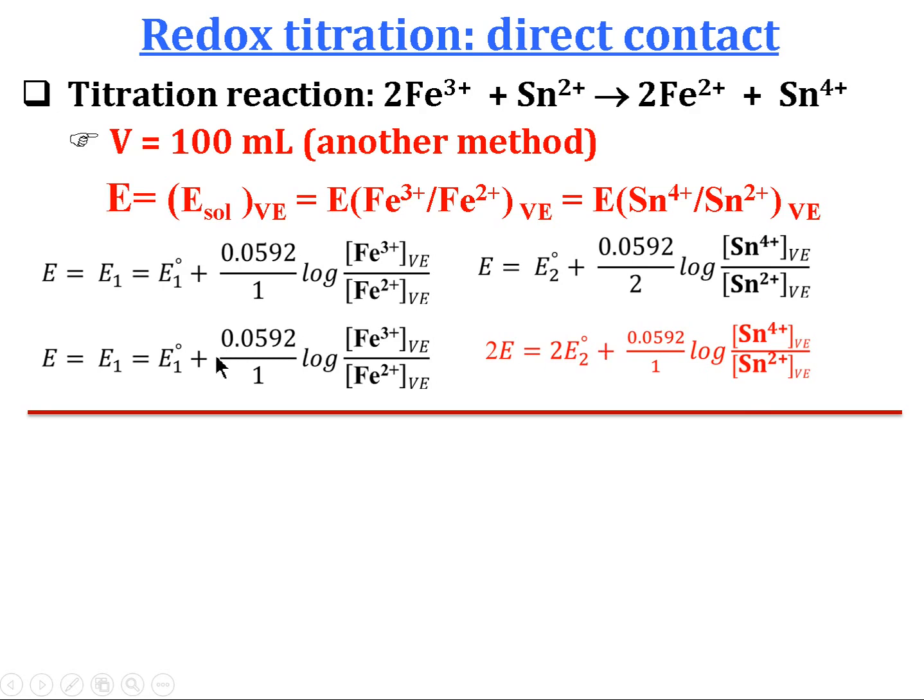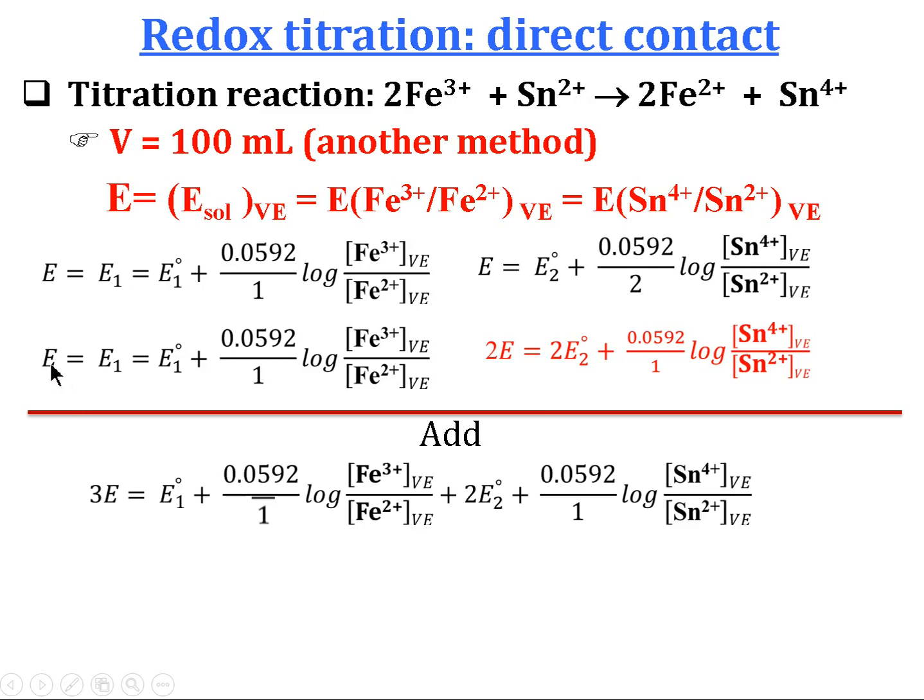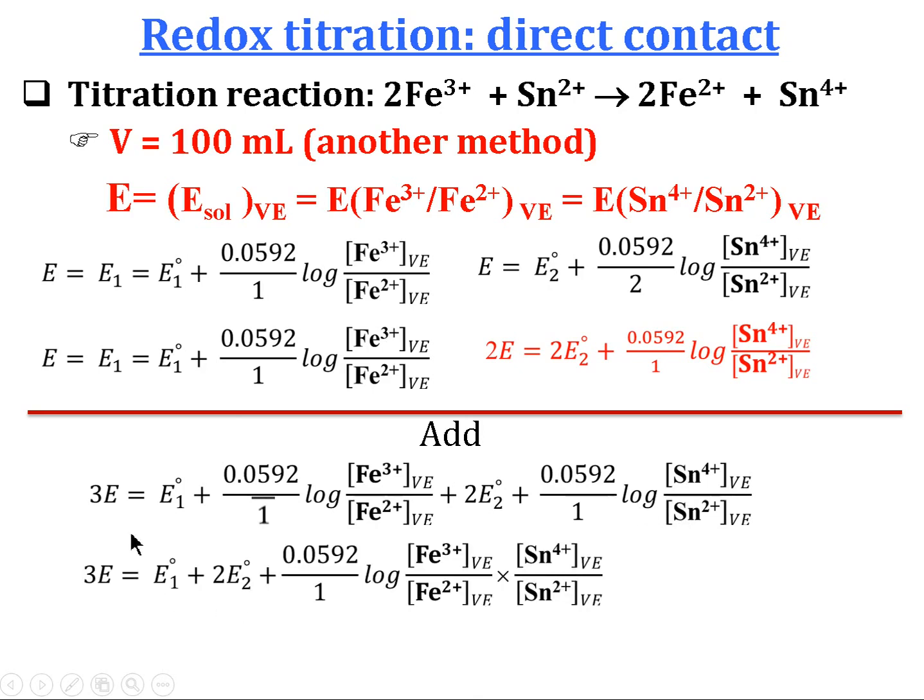Add the two expressions of the potential of the solution E, so we obtain E plus 2E, 3E, equals E01 plus 0.0592 divided by 1 log Fe3+ divided by Fe2+ plus 2E02 plus 0.0592 log Sn4+ divided by Sn2+. So 3E equals E01 plus 2E02 plus 0.0592 common factor log Fe3+ times Sn4+ divided by Fe2+ times Sn2+ at V equivalence.